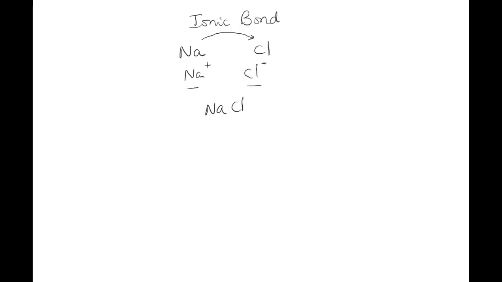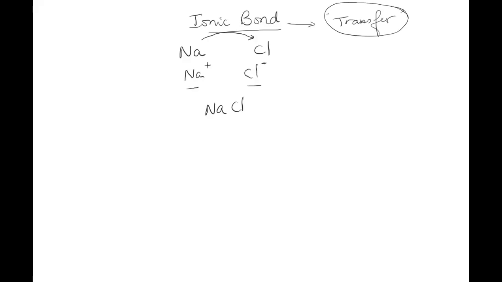It's just simply an electrostatic attraction between opposite ions, and this started because of the transfer of electrons. So one of the key words with ionic bond is that word transfer. When one or more electrons are transferred from one atom to the other, you have created ions, oppositely charged species, and then this electrostatic attraction is the ionic bond.